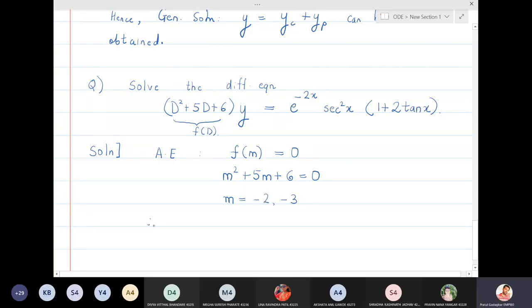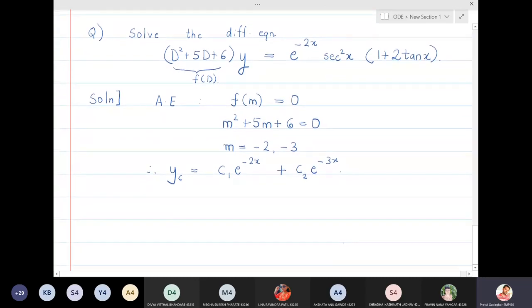So therefore the complementary function will become, since these are real, distinct roots, c1 e raised to minus 2x plus c2 e raised to minus 3x.